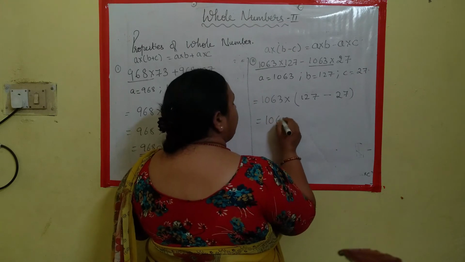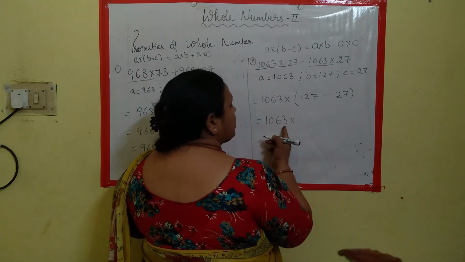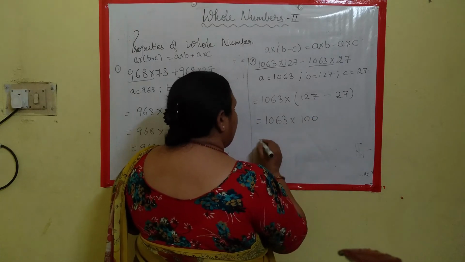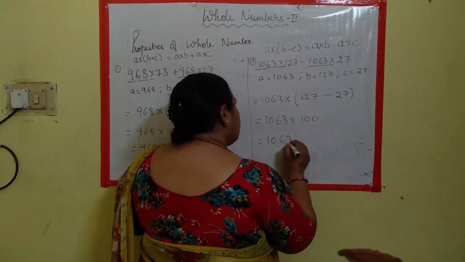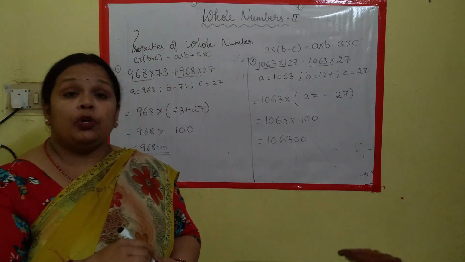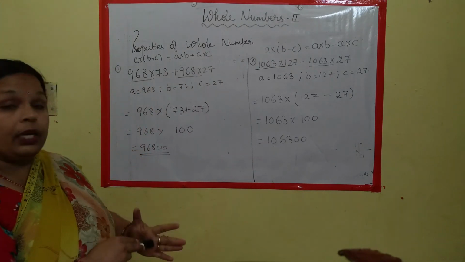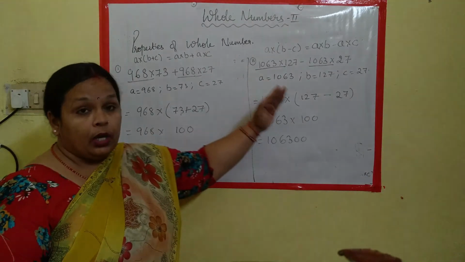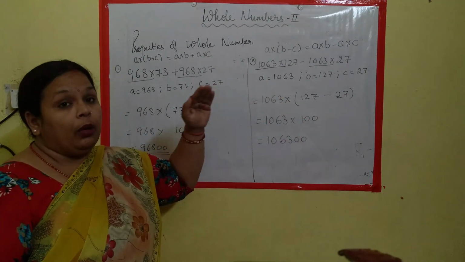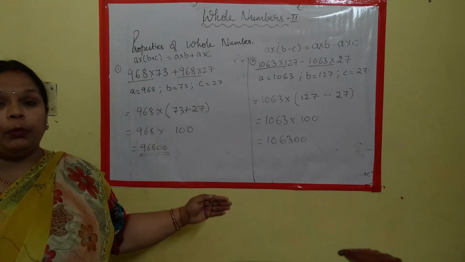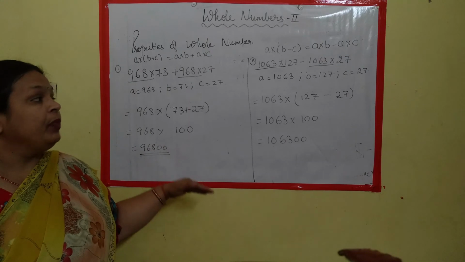So we are left with 1063 into 127 minus 27, which is nothing but 1063 into 100, that is 106300. That means when we use the distributive property, either the second part or the first part, we try to get the other part in multiples of 10 and 100 so that the calculation becomes quicker and easier.